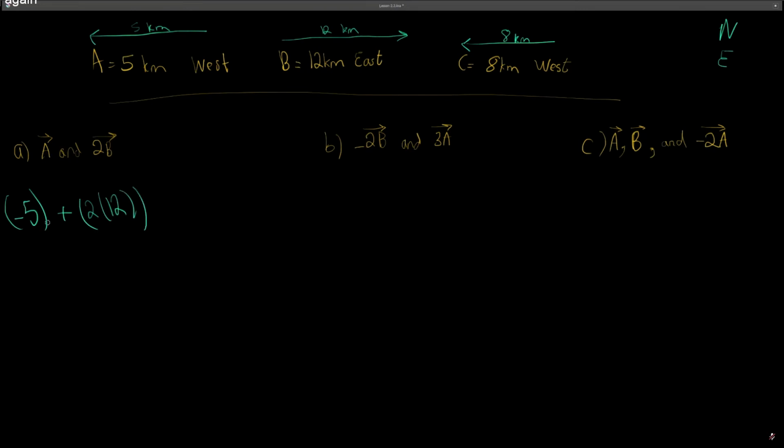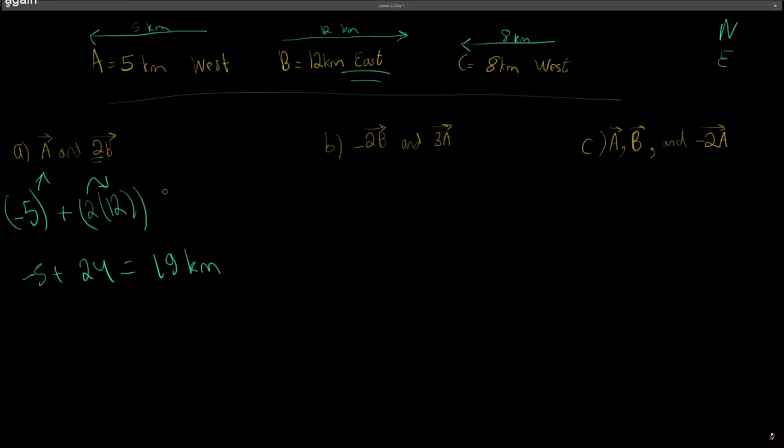So we have -5, which is A, which we can find from the given. And then 2 times 12, since we have 2B in the formula, and then we just substitute B. It's positive because we said east, not west. And then we just add it up. So -5 plus 24 is equal to 19 kilometers.